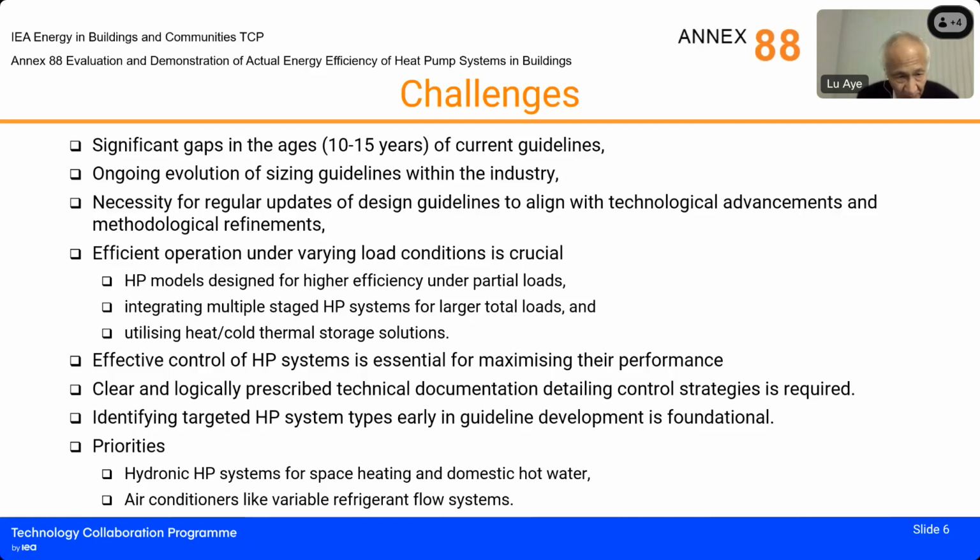That is what we think we might be focusing on, and air conditioners like variable refrigerant flow, because they are becoming more and more popular and there is a lot of usage in buildings at this moment. So these are what we are thinking about prioritizing, our challenges, and new types of universally applicable guideline that we are aiming for.